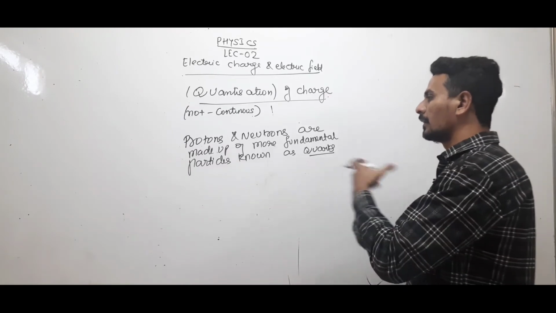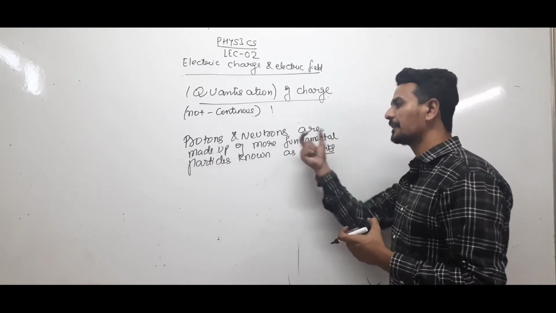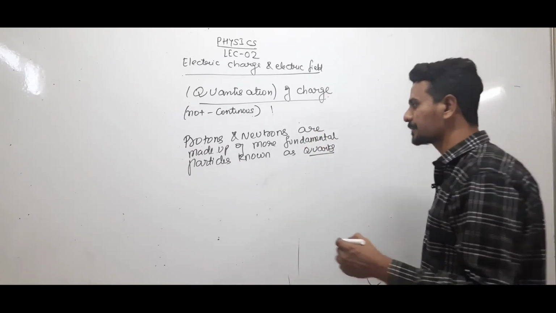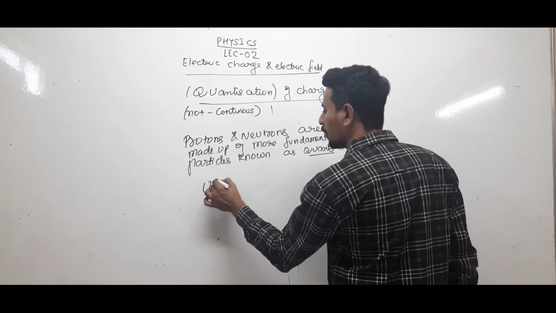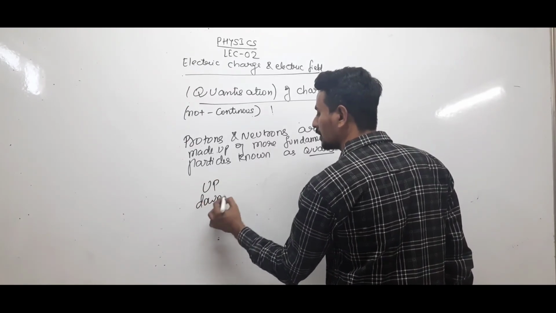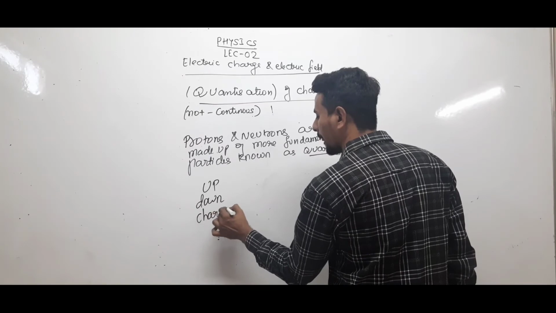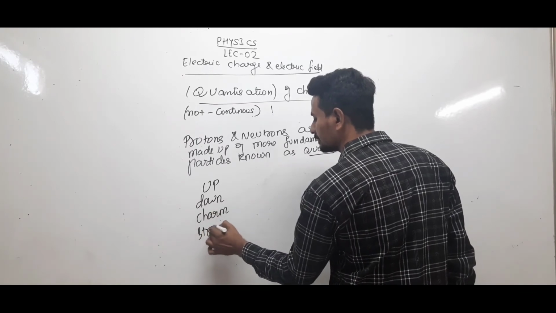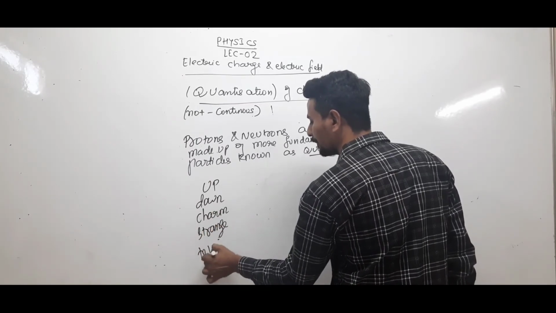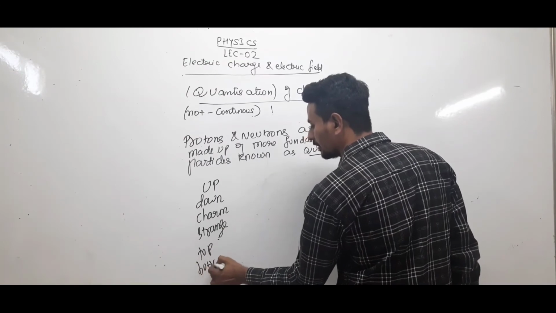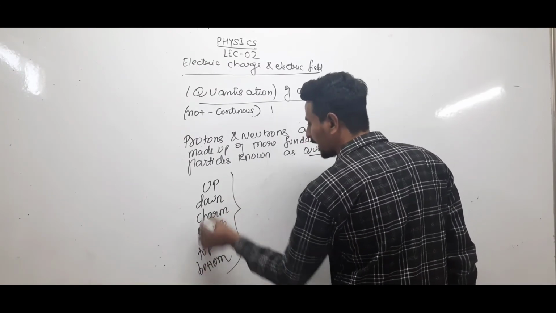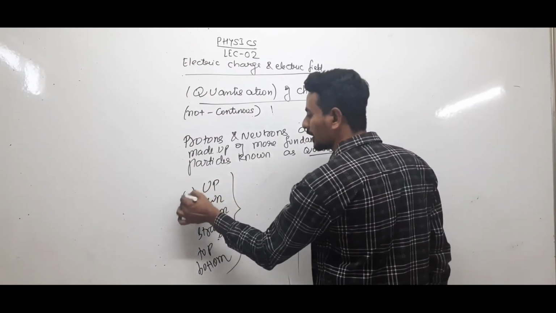Combination or addition of quarks will form proton and neutron. There are 6 types of quarks: up quark, down quark, charm, strange, top, bottom. These are all the different types of quarks, 6 types of quark.